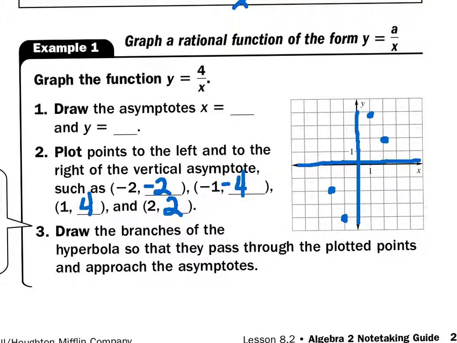Don't just connect these together with some sort of weird curve. Remember, these are asymptotes. So what you need to do is pull it up to be asymptotic down to the 0, and then to the 0 here. Then we need to make a nice smooth curve that doesn't cross the line.